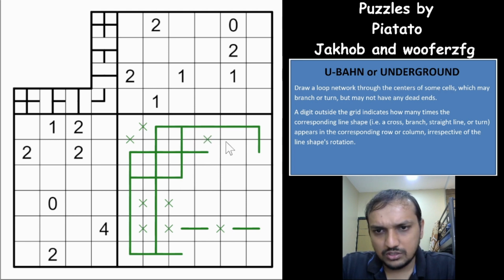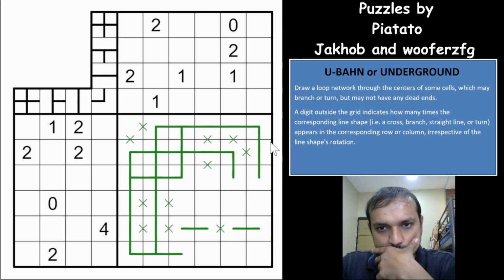So you got a branching here, you got straight lines here. This cannot be the straight line, because if this is the straight line, you'll have two straight lines in this column again. So this is the straight line and this is the straight line. That turns out, so you have one straight line already here.